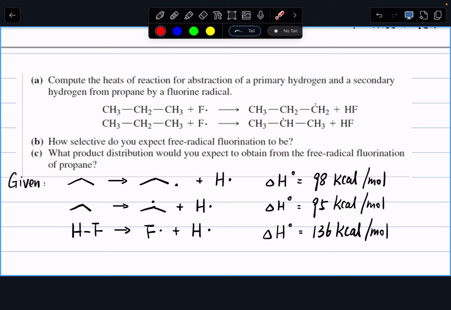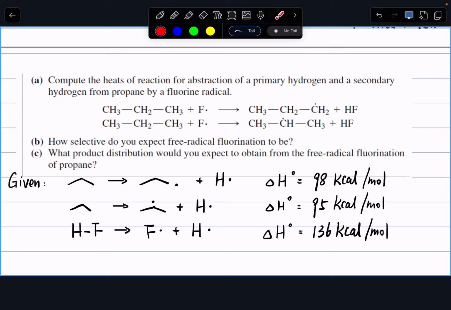And then my probability becomes my dominating factor, because the rate to abstract a primary or a secondary hydrogen becomes effectively the same to each other. We can then predict the product distribution to be, well, 75%, because it's 3 to 1.